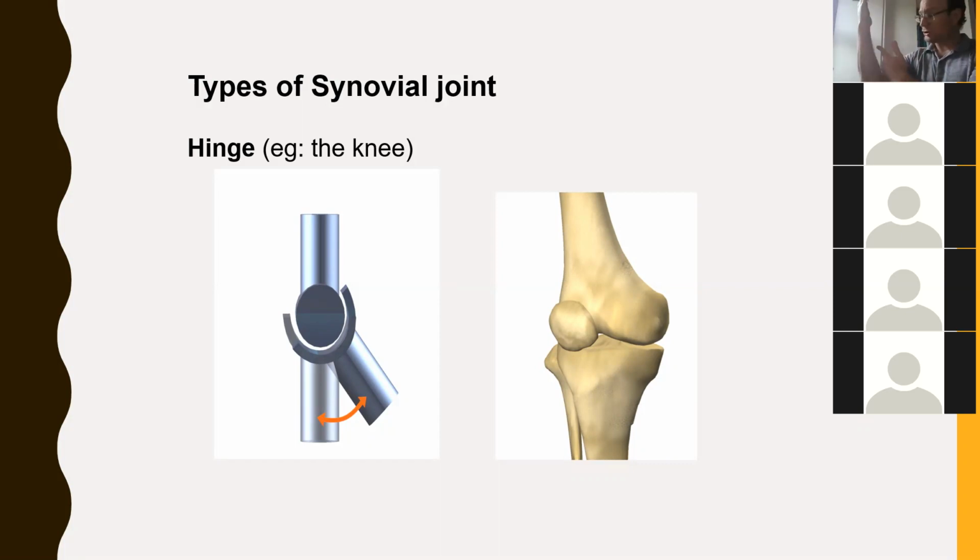So my humerus and my ulna form a very pure hinge joint. When the joint is narrowed, we call that flexion. When it's extended, we call that extension.